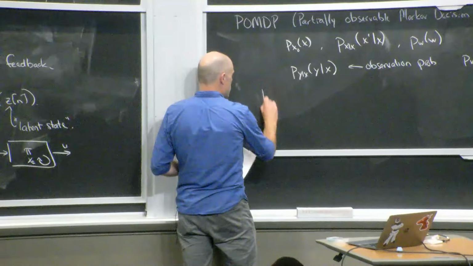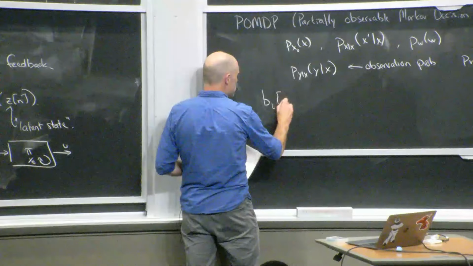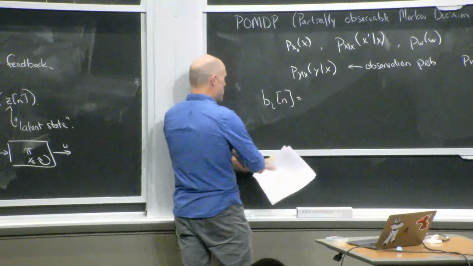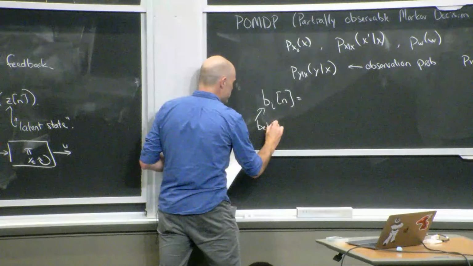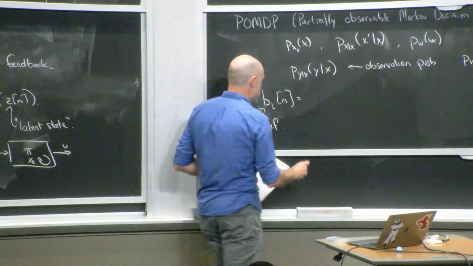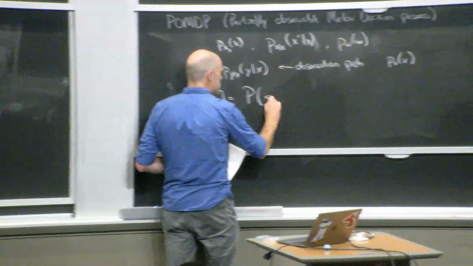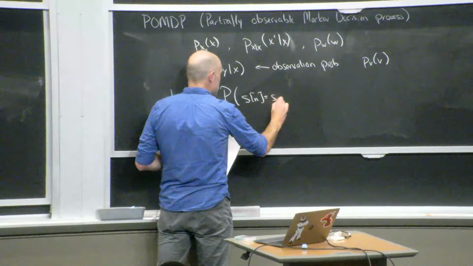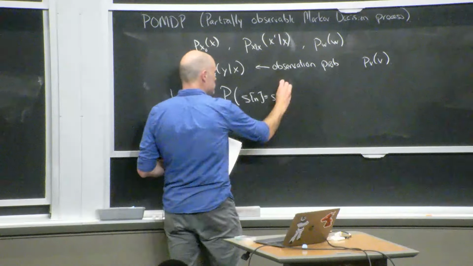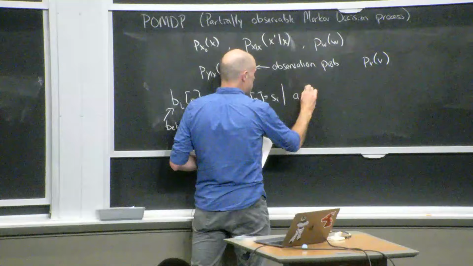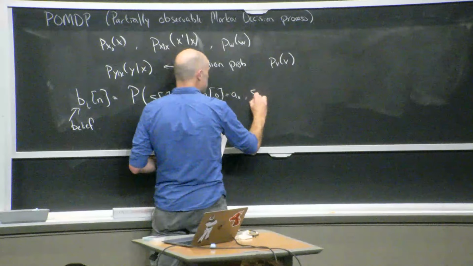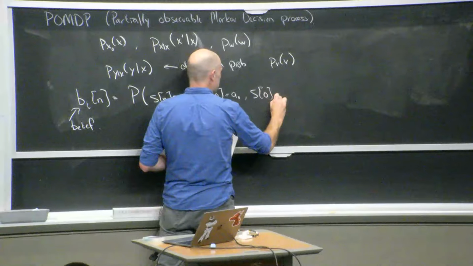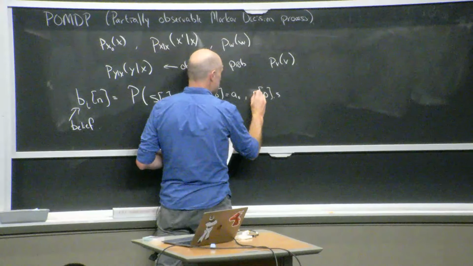So if I said that b_n, at the nth step, this is the belief probability, is basically the probability of the state conditioned on everything I've seen in the past.